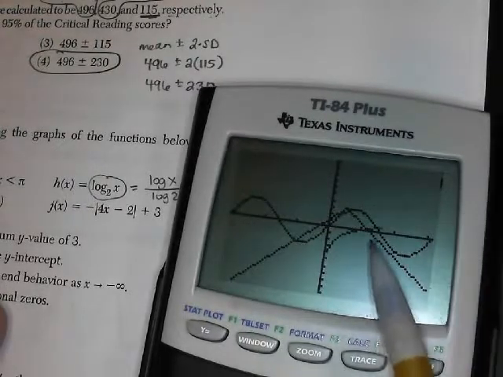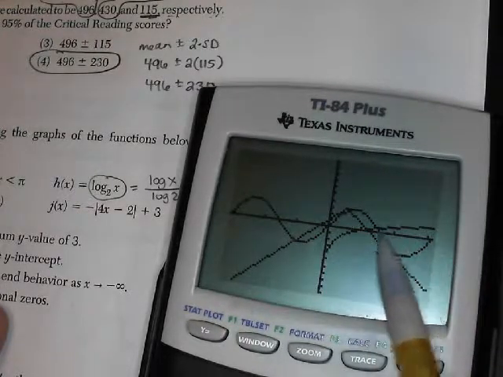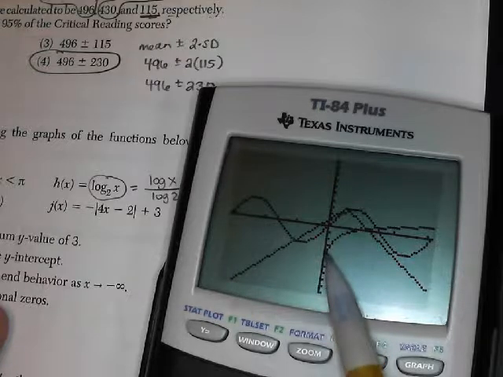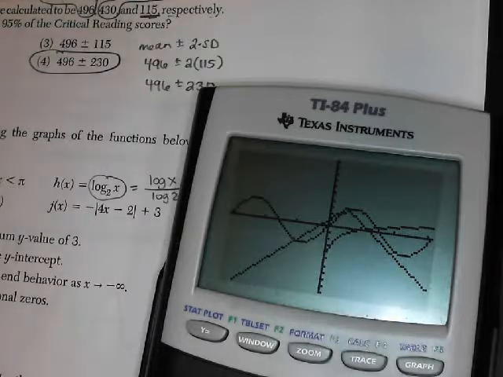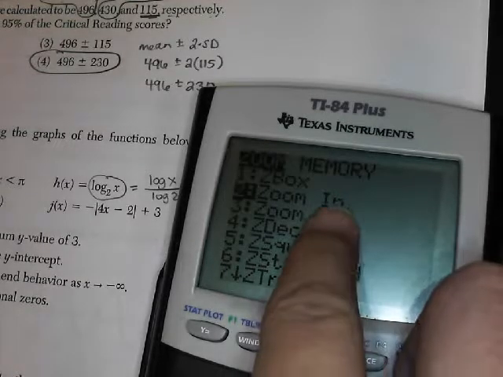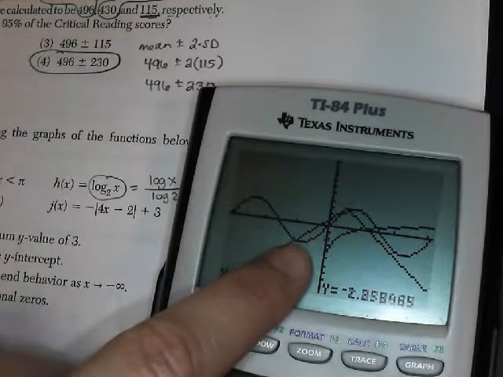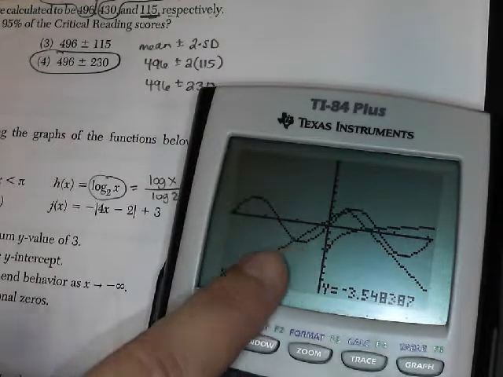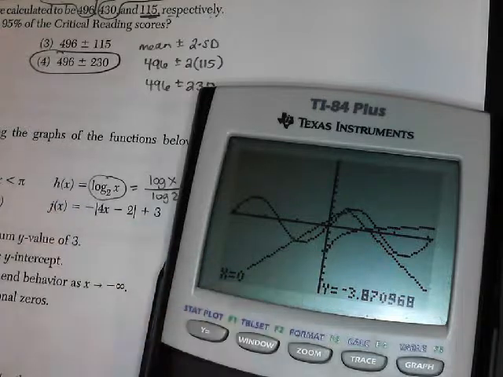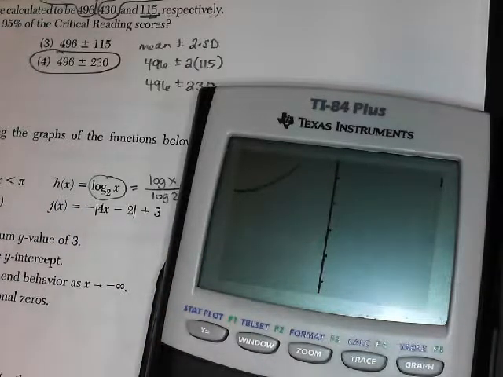Now that comes down and down and down. Does it ever actually hit the y-axis? I think I want to zoom in here. I'm going to zoom in and bring my cursor right down to where it looks like it hits, but it clearly doesn't cross.